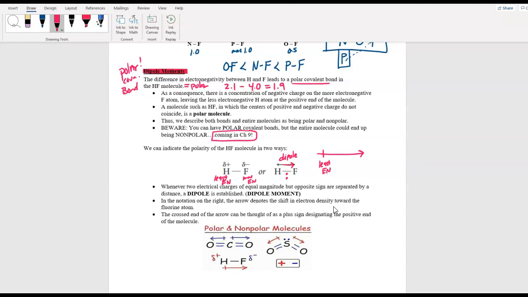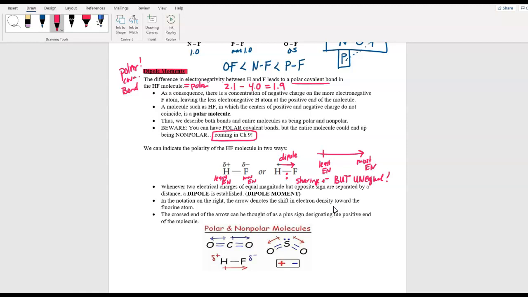Those two electrons are literally being pushed up more against fluorine than the hydrogen. Remember, they're still sharing the electrons, but unequal sharing. And that's why it's called a dipole. You're telling me who is possessing those electrons more.